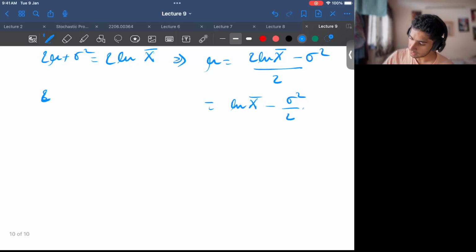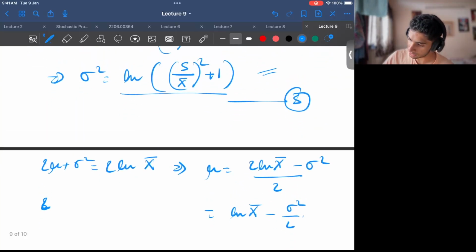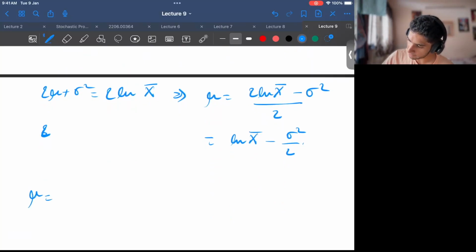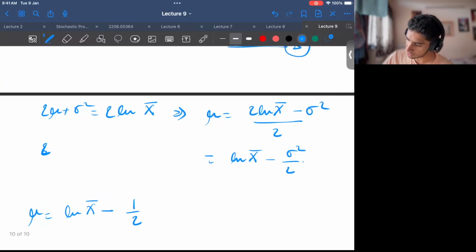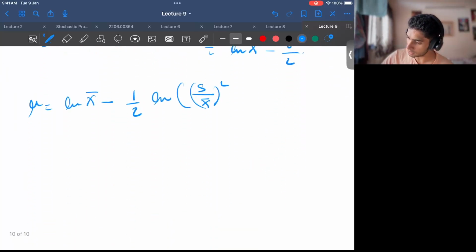You know the value of sigma square here. Just substitute it. So mu will become log of x bar minus 1 by 2 times log of s by x bar whole square plus 1.